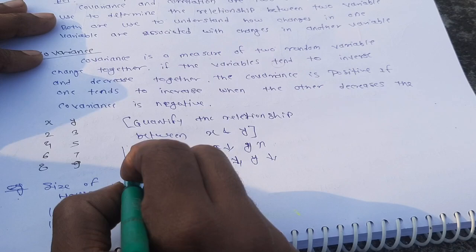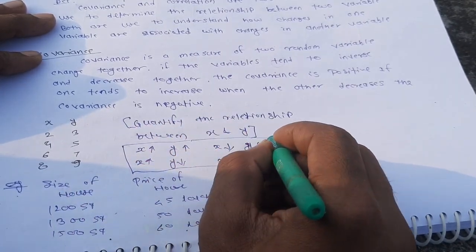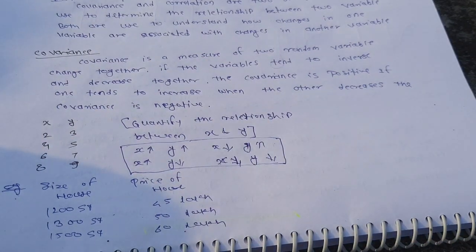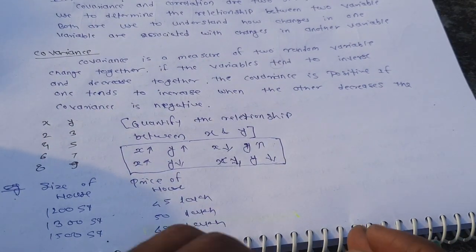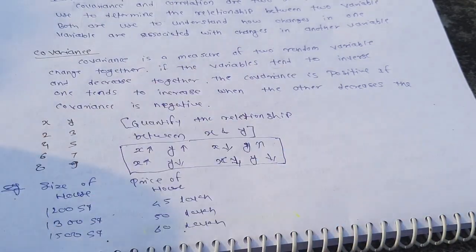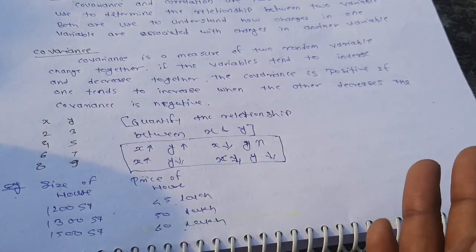There are four relationships when quantifying the relationship. Now let's see how the graph looks and how the data points are plotted in each case.